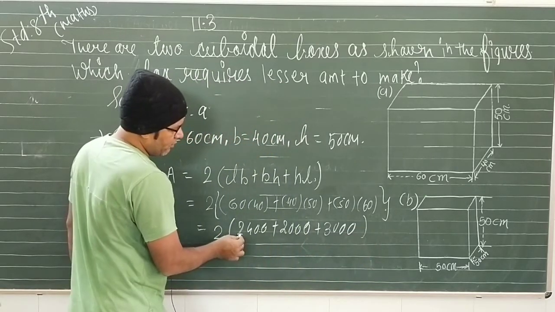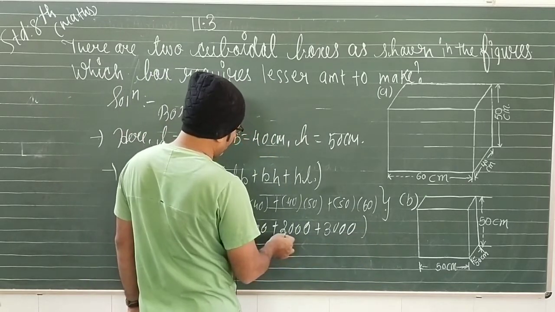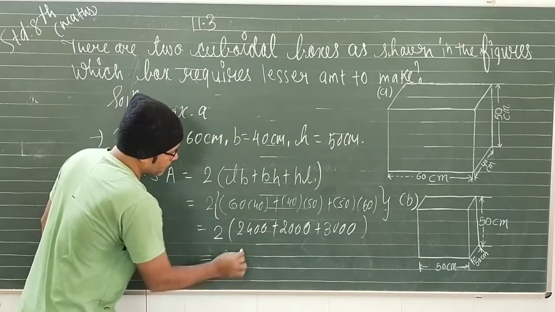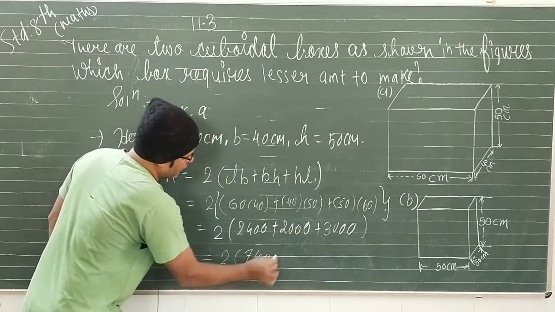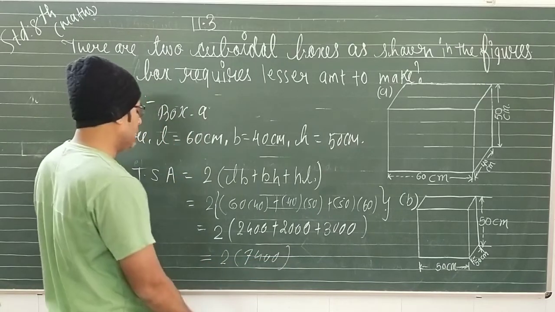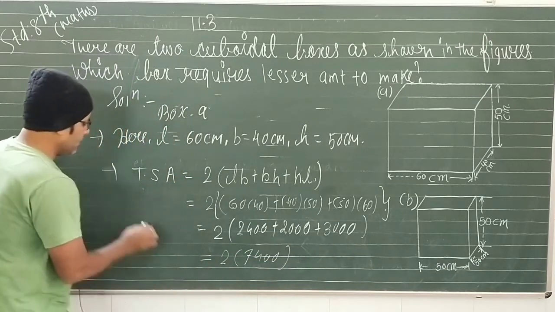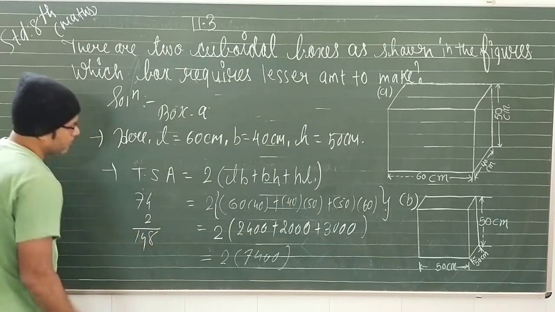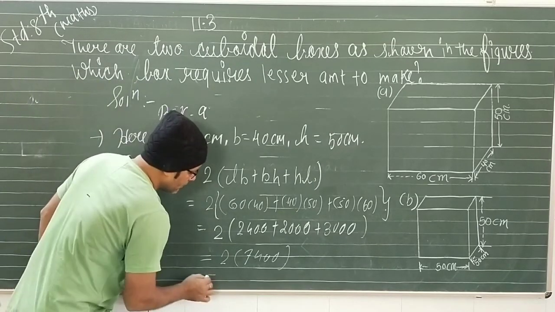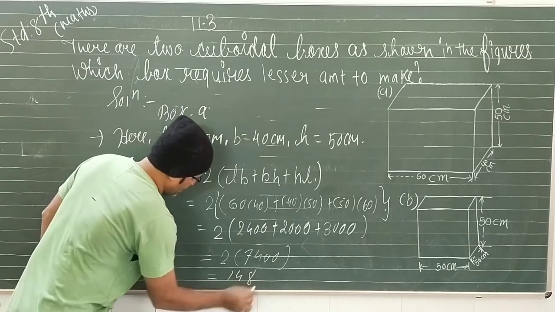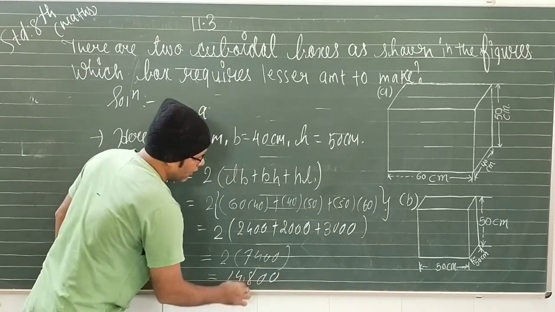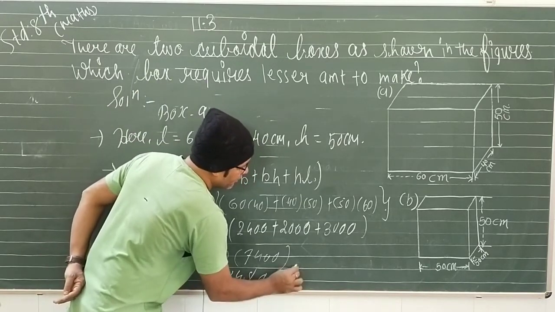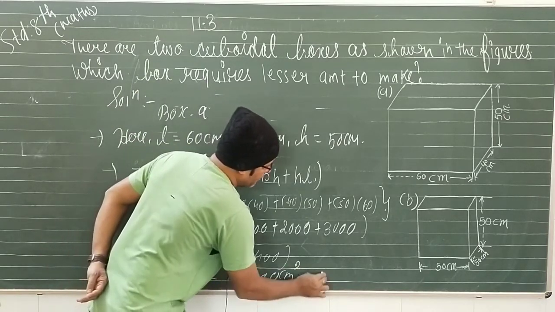Now make addition. 3 plus 2 is 5, 5 plus 2 is 7, 7,400, 7,400 into 2 is equal to 14,800. It means 14,800 centimeter square. Result number 1.